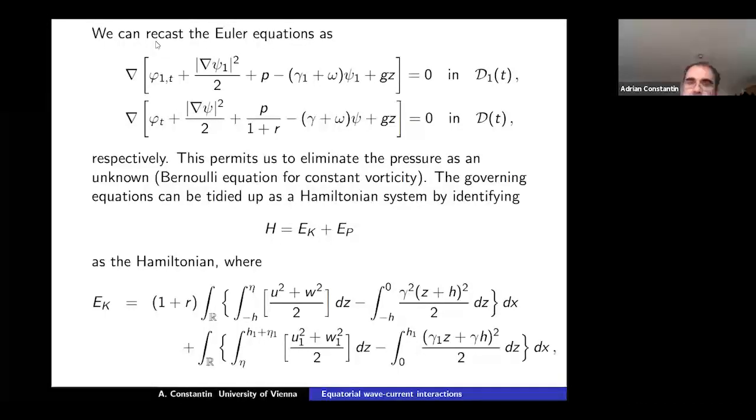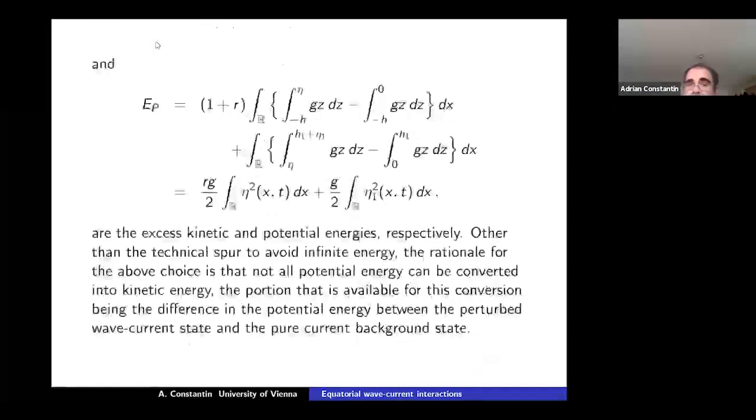So basically the energy is what the kinetic energy would be for the wave minus the corresponding one for the pure current. And this is a finite quantity, and I do it in both layers, and the 1 plus R tells you that this is the layer deep down where the density is bigger. And the same for the potential, this is simpler.